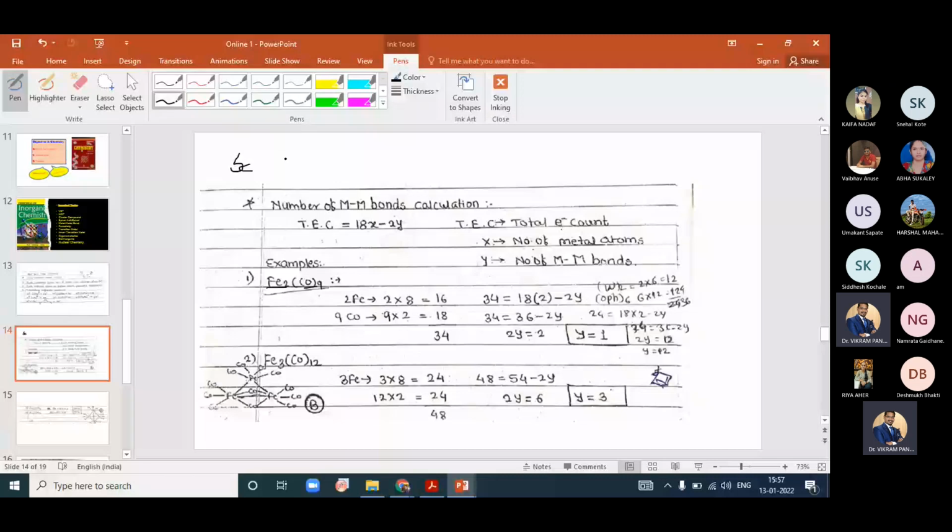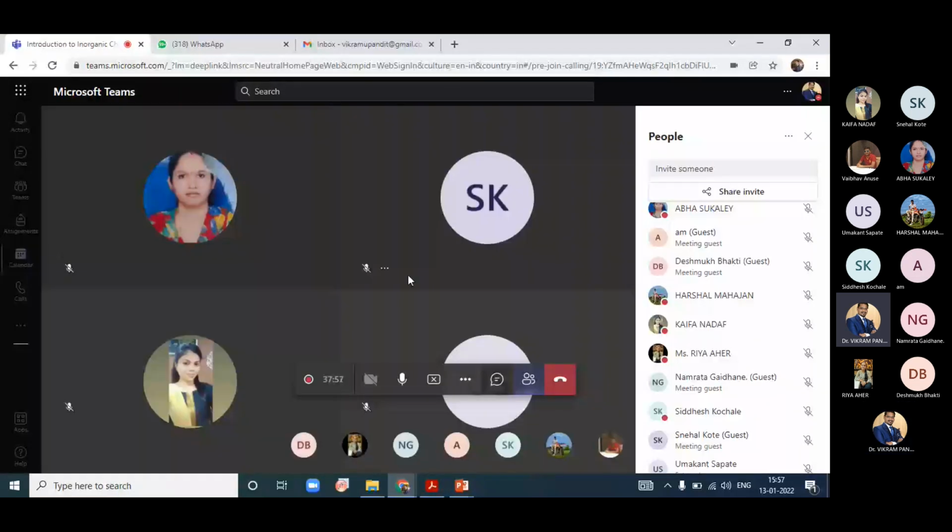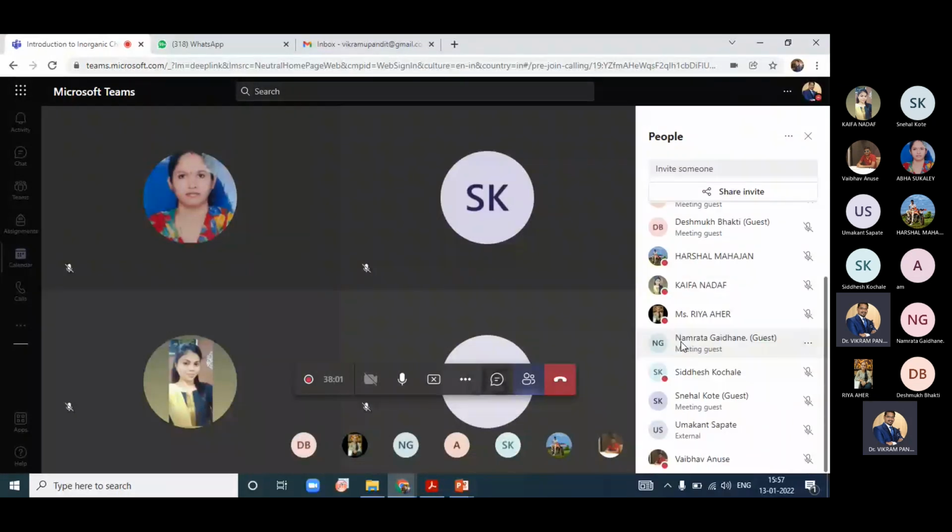There are certain tricks in Marathi. You are seeing so many students already know that you can remember the scandium series. Can anybody tell me how to remember this type of series?